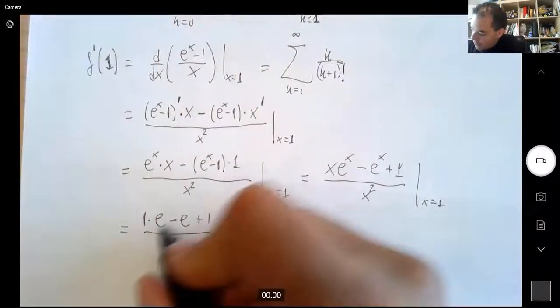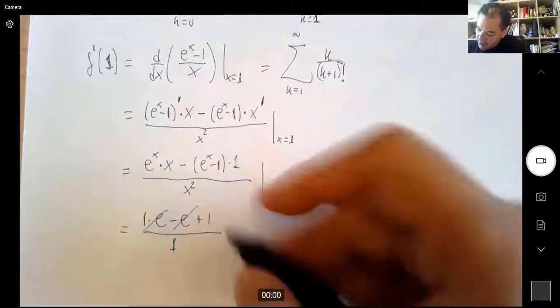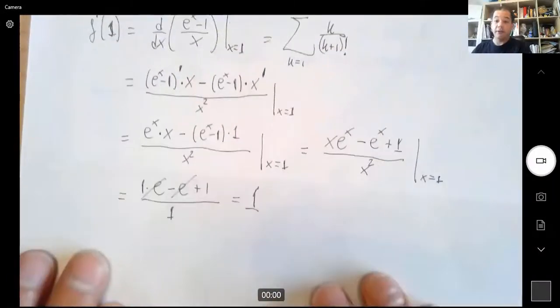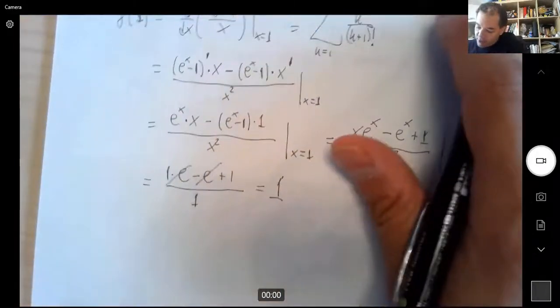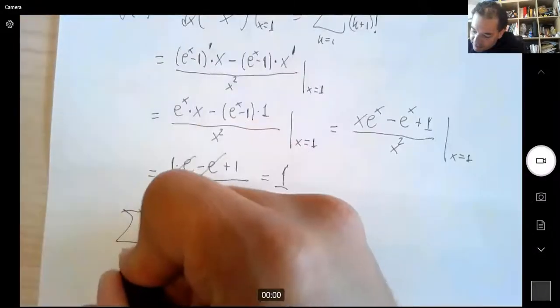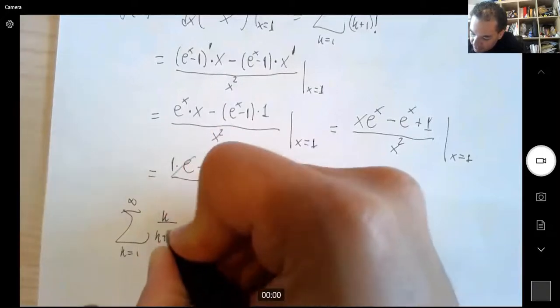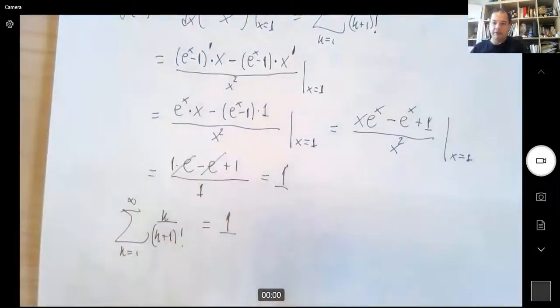So the e's go away. And the answer is 1. So believe it or not, in a very quick and smart way, we just showed that this series, k over k plus 1 factorial, actually equals 1. Nice, right? It's like an indirect way of figuring things out.